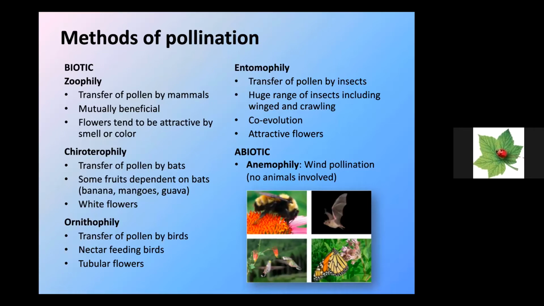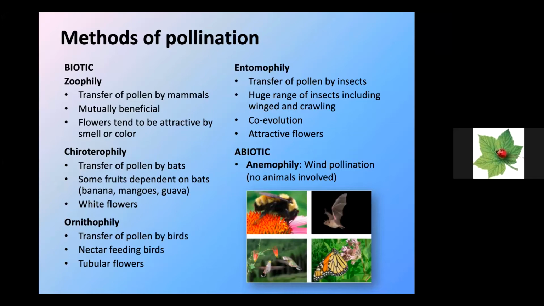It's not only getting nectar or a food source to the mammals, they're also then creating the fruit or the seed down the road. Oftentimes with these types of flowers or plants, the flowers are attractive by smell or color, and sometimes can start to mimic different types of animals. That's the same with the different insects too. They can start to mimic them as they go through.